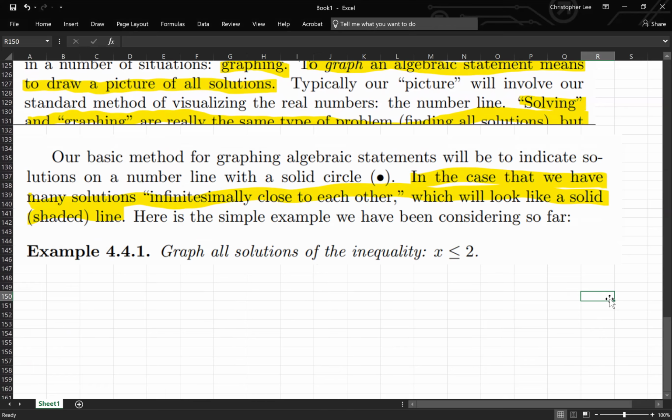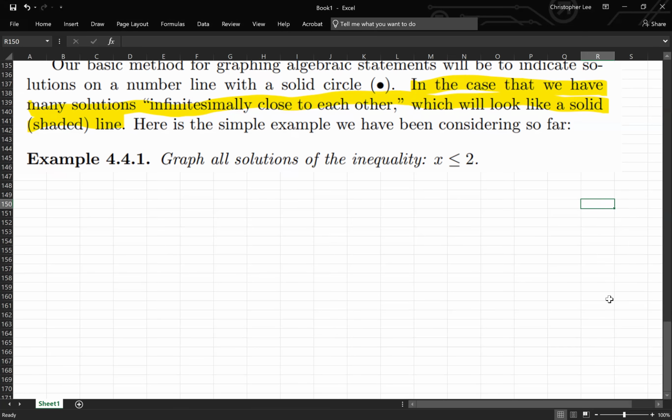In the case where we have many solutions infinitesimally close to each other, it will look like a solid shaded line. So here's an example that we've been considering so far: graph all the solutions of the inequality x is less than or equal to 2.